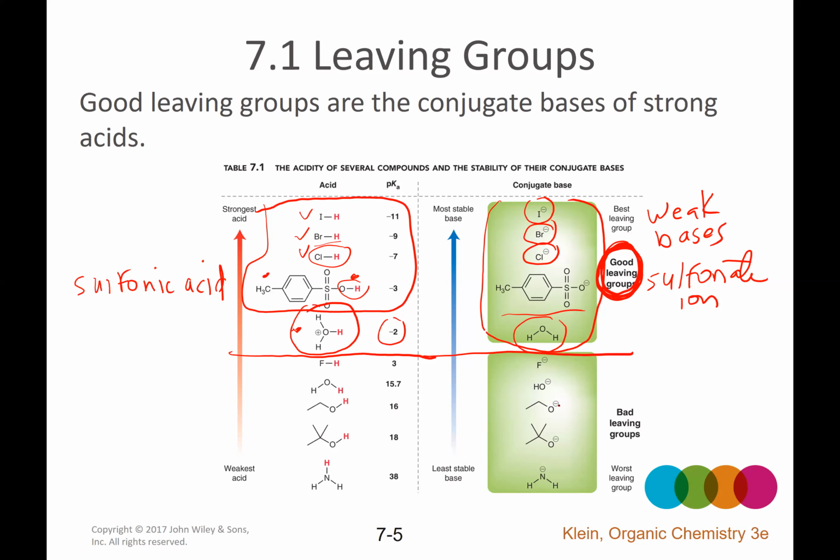And so these are bad leaving groups. So when you have these groups attached to a carbon, it's very hard to get them to leave. They stick pretty good to the carbon, right? So in addition to the halogen, we will see other good leaving groups like sulfonate ions and water in future reactions, okay?